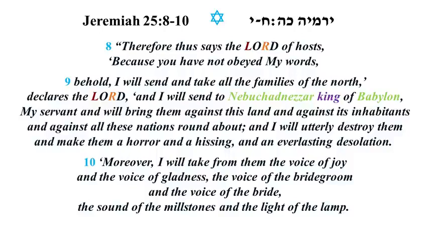Moreover, I will take from them the voice of joy and the voice of gladness and the voice of the bridegroom and the voice of the bride, the sound of the millstones and the light of the lamp.